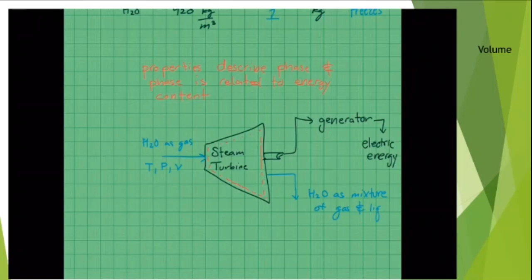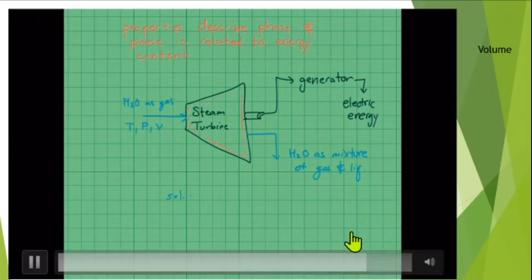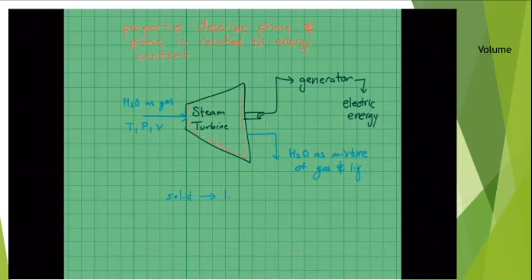And so this is really sort of illustrative of how phase and properties are related, because we know the different phases. So solid would be ice, liquid, gas. These are the three phases of matter of primary interest in most thermodynamic applications.